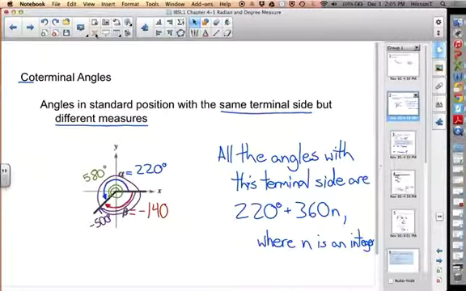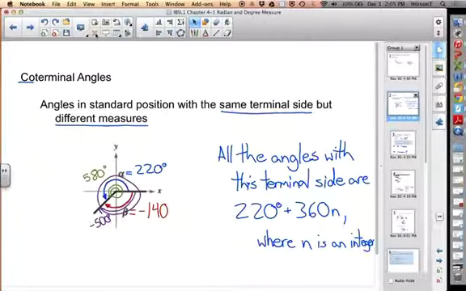So if n was negative, that means you had a lap going backwards. Or if n is positive, that means you went around the circle in the positive direction and then went the 220. Okay? So if you plug in 10, that means we went around 10 times and then went 220. So that'd be 3,600 plus 220, 3,820 degrees. That's a coterminal angle.